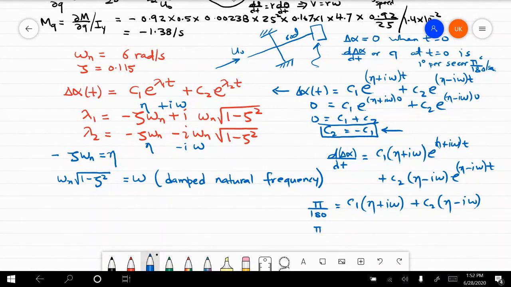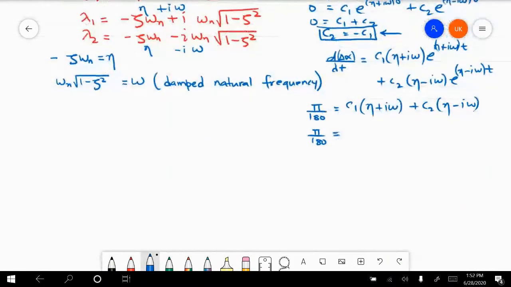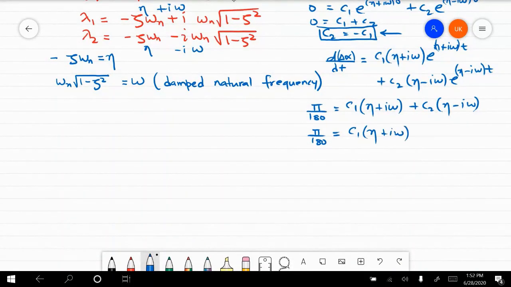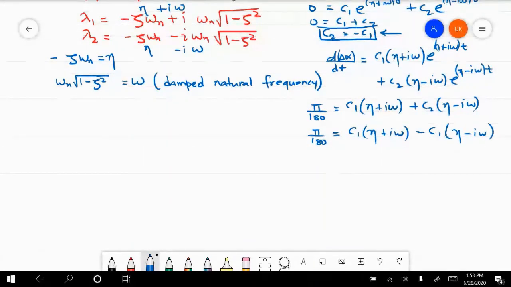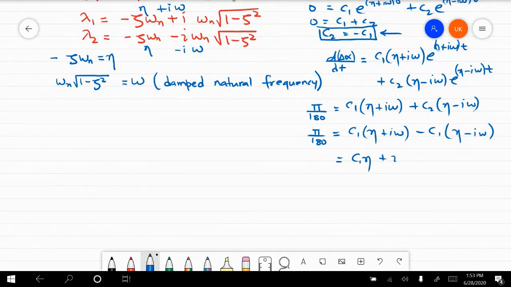But we know that C2 equals to negative C1, which we found by applying the first initial condition. So pi over 180 equals to C1 (eta plus i omega) plus, since C2 is minus C1, minus C1 (eta minus i omega). Open the brackets, I get C1 eta plus i C1 omega minus C1 eta plus i C1 omega.